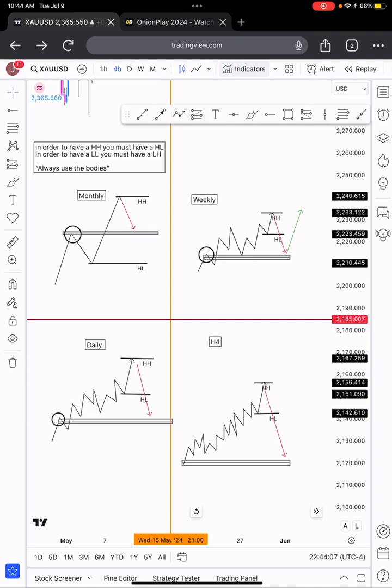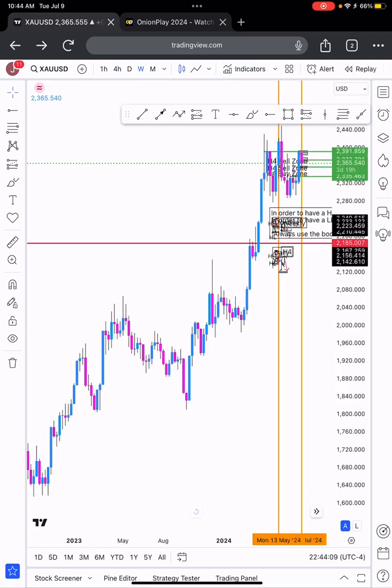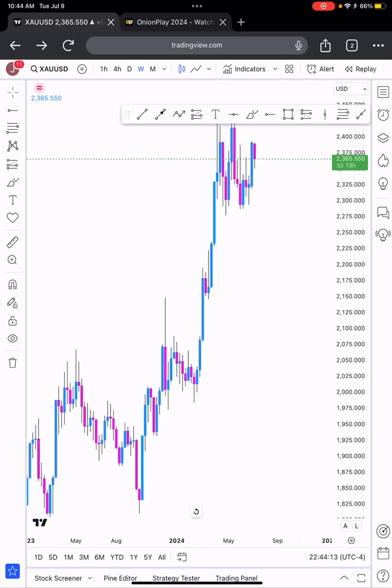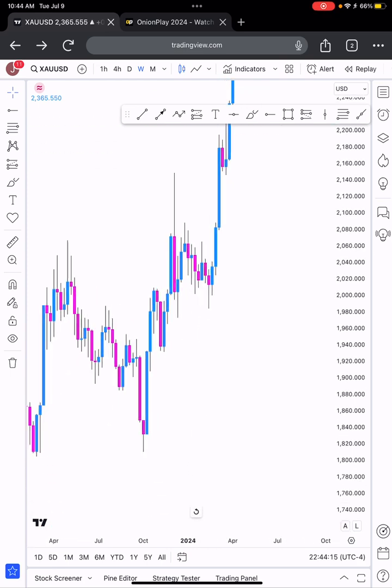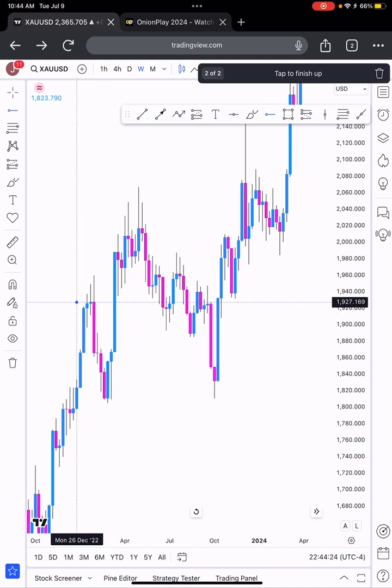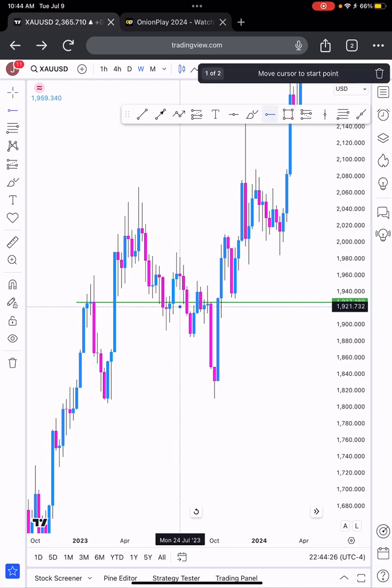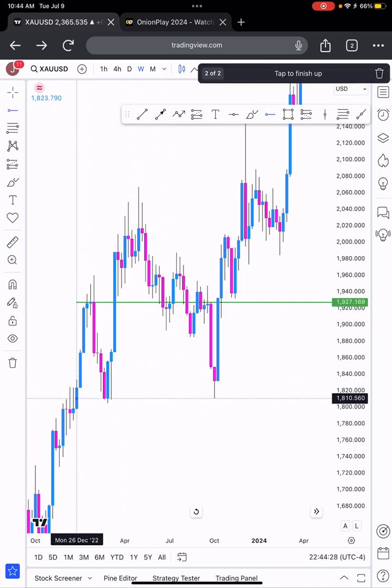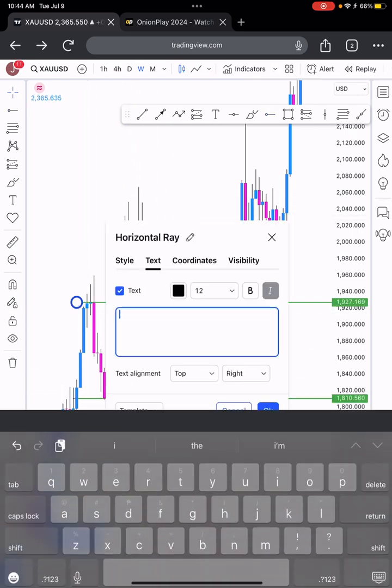So let me just start on the weekly time frame. Let me just remove all this. Right, so I'm just going to use some past data, right? So just start from here. So I'm just going to start here so you can see what I'm talking about. Right, so this is on the weekly time frame, right?